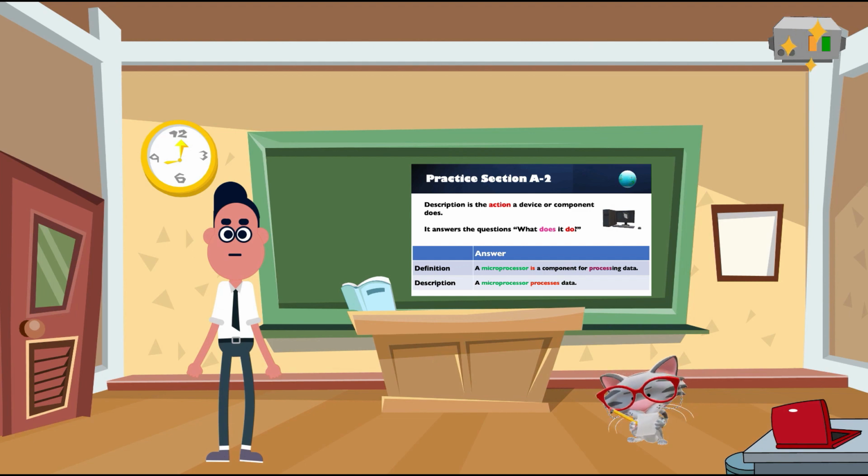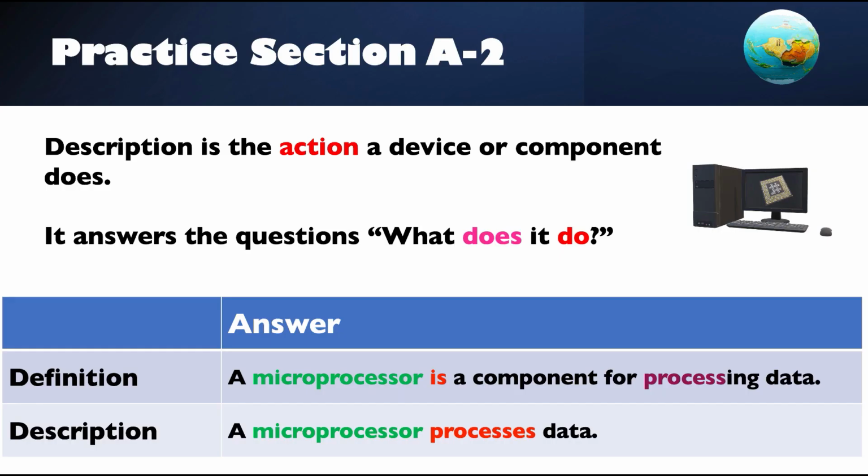So that's going to be the task. Before you watch part 2, write the descriptions based upon the definitions. So there's a bit of work for you to do before watching the second video.